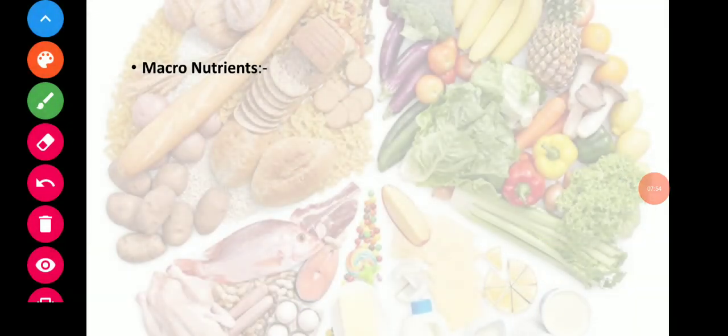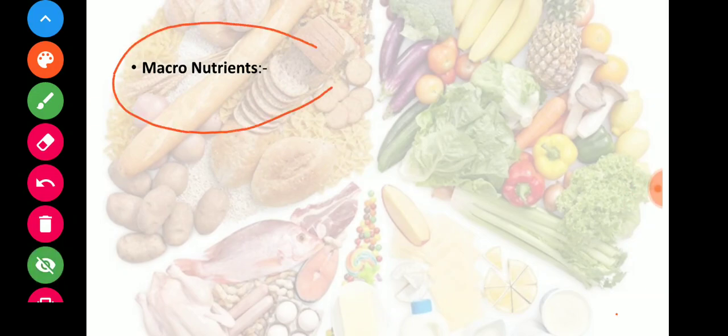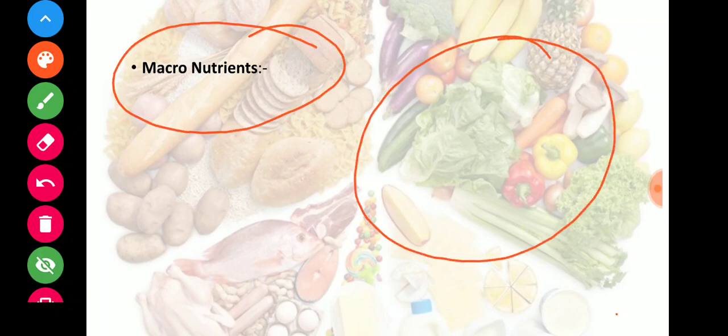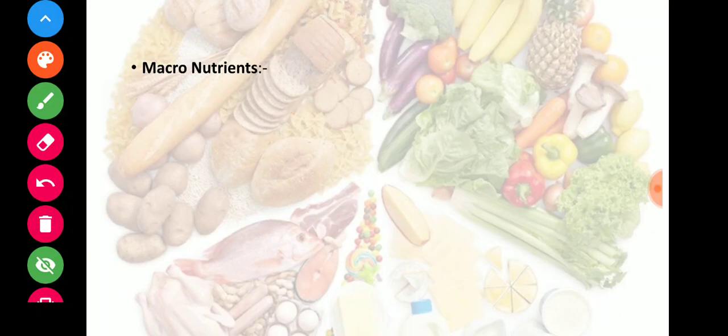Here we will talk about the macronutrients. As the name suggests, macro means in huge amount. So whatever food items we take in grams and more than grams are called macronutrients. For example, we eat chapati; in the terms of science, we are taking carbohydrates.